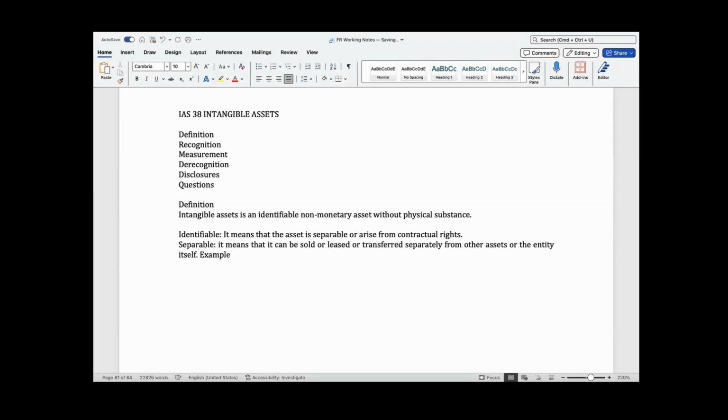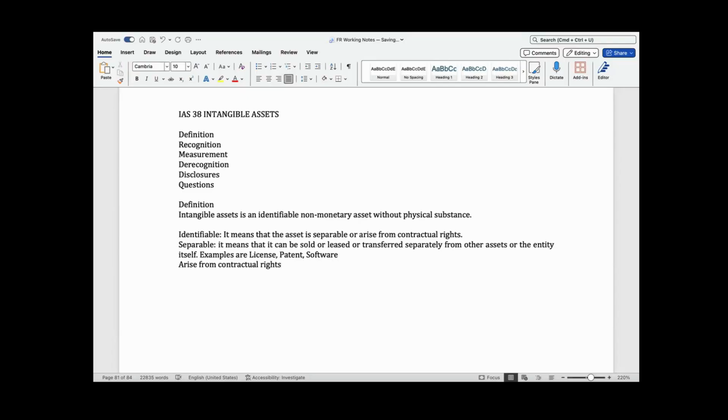And typical examples of intangible assets that are separable: you have examples like a license or even a patent or even software. They are separable. You can separate them from the company itself, or arise from contractual rights.